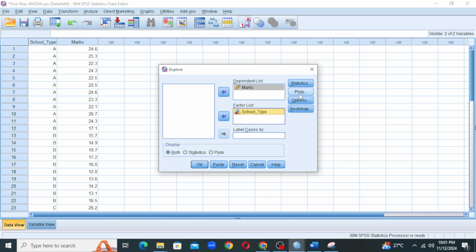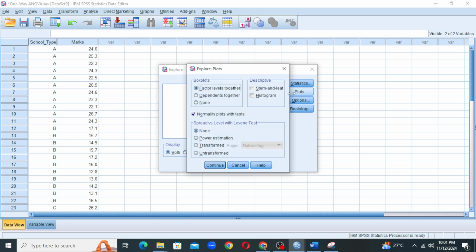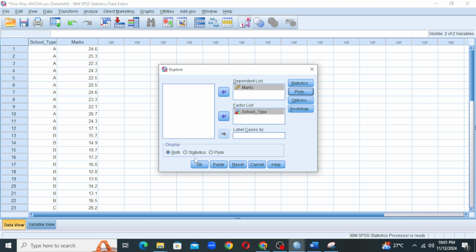Otherwise, under Plots, select normality plots with tests, and if you wish, you can select stem and leaf and histogram as well. Thereafter, continue, and you can select only the plots if required as a bare minimum, and OK.